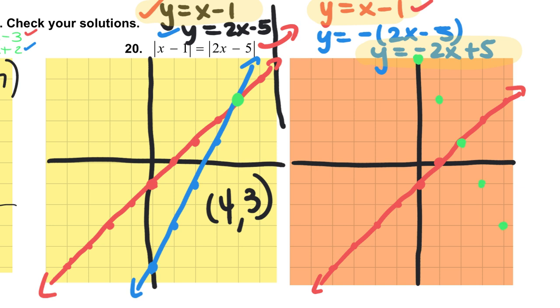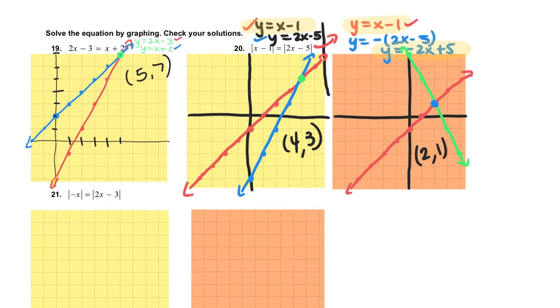Down 2 over 1. Let's see the intersection. Intersecting right at this point right here, which gives me -2, +2, 1. Those are your answers.